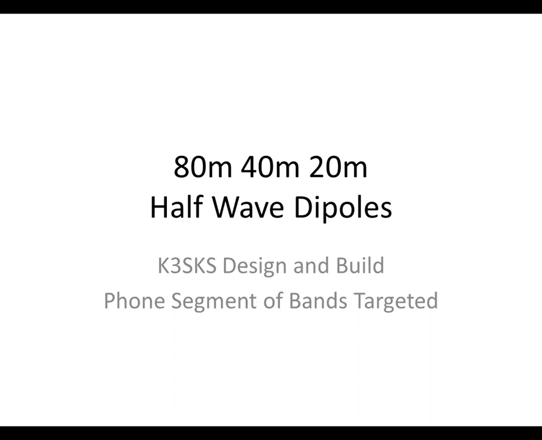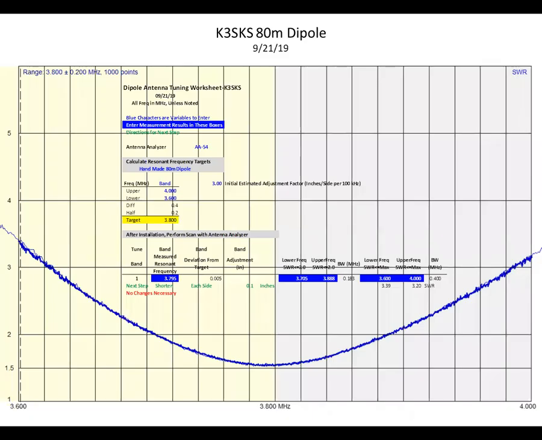We were using the 80-10 half-wave that we looked at a little earlier, which is a good antenna, but there were some compromises to it where we weren't getting quite the reception or quite the propagation that we could get with individual dipoles. So this is just for my records. This is how I did the calculations to move the frequencies.